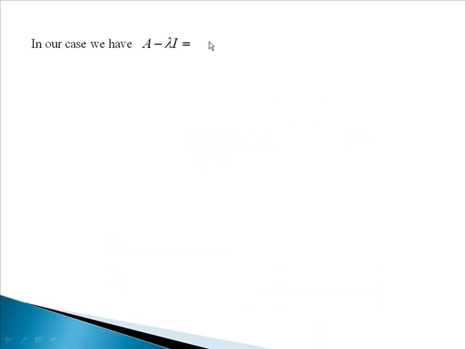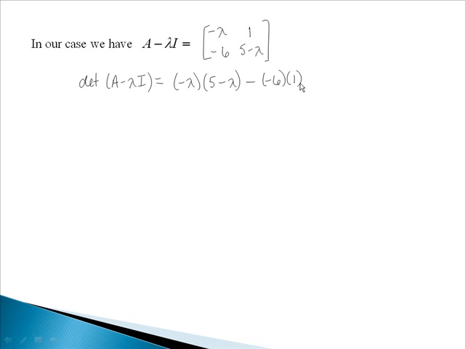So in our case, we have A minus lambda I is equal to negative lambda, 1, negative 6, and 5 minus lambda. So we want to continue that example here. So then if I take the determinant of A minus lambda I, then I will multiply by diagonals, so I'll have negative lambda times 5 minus lambda minus negative 6 times 1.